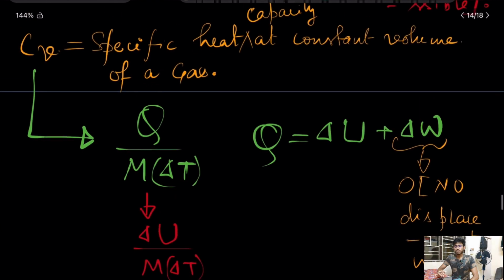Now, had I been told only heat capacity, then this M in the denominator should not be there. So heat capacity is the heat required to raise the temperature of a particular body by 1 degree. So that is Q by delta T.